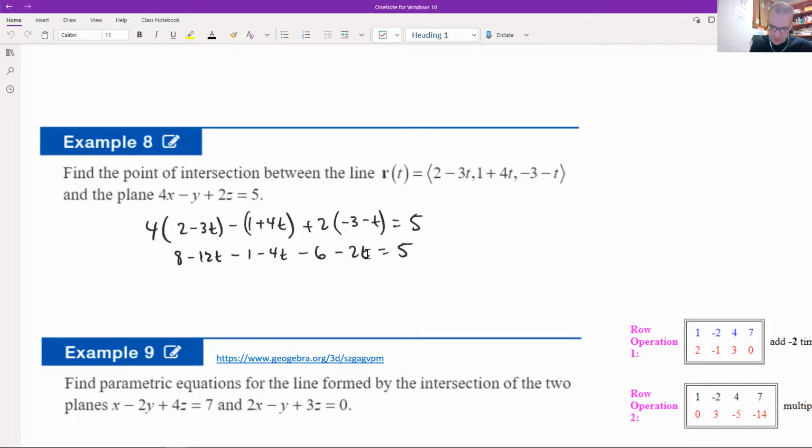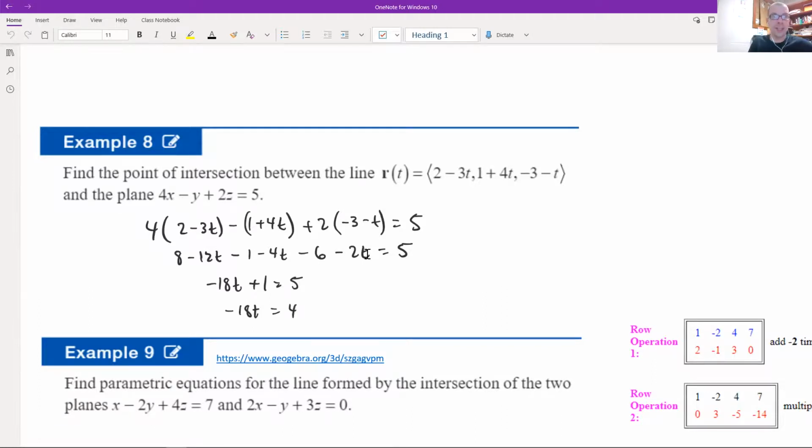Combining like terms, we've got minus 12t, minus 4t, and minus 2t. So minus 18t. And then we've got 8 minus 1 minus 6. So 1 over here equals 5. Then if we subtract 1 from both sides, we get minus 18t equals 4.